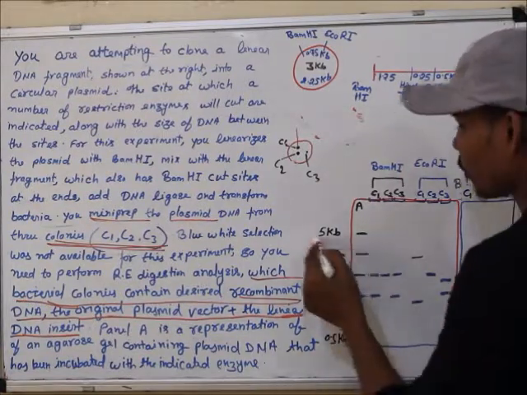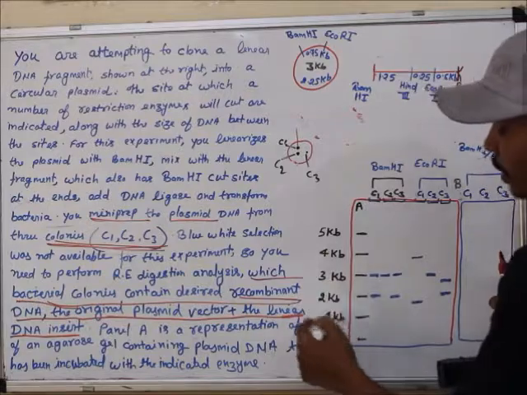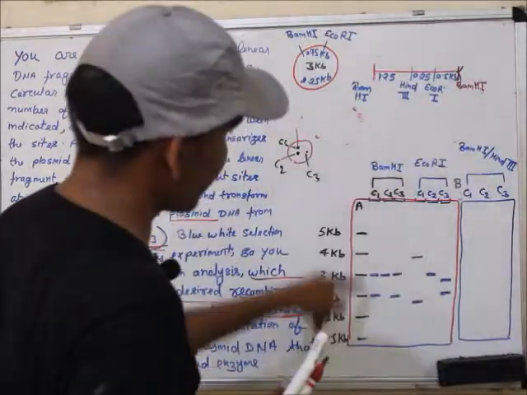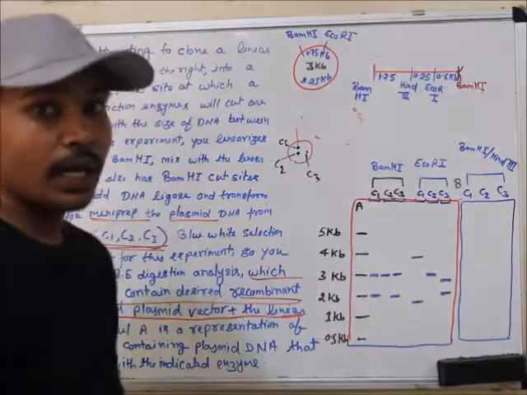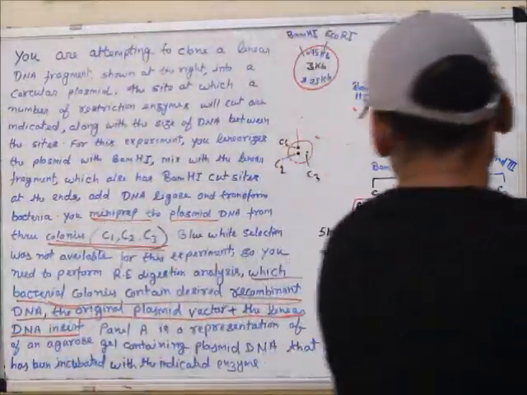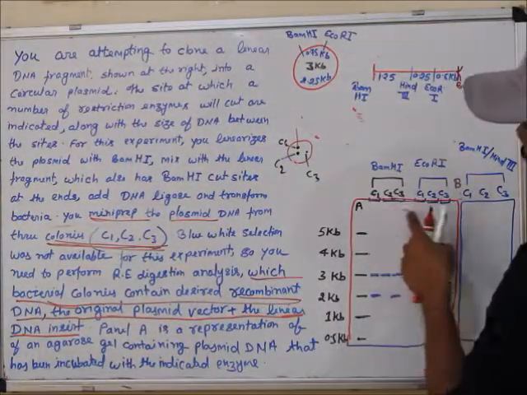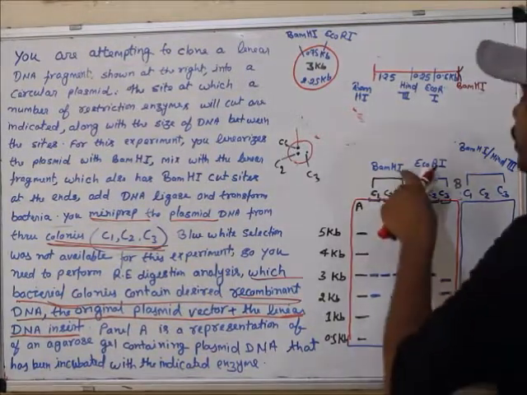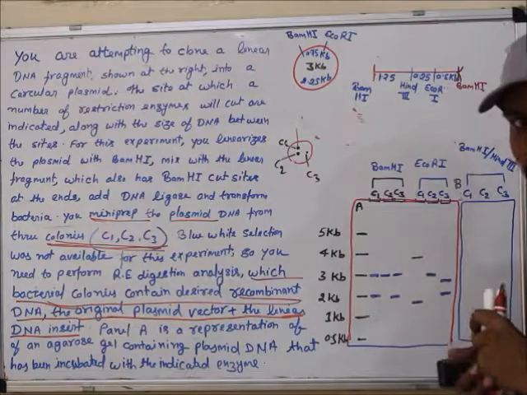That is the marker: 5 kb, 4 kb, 3 kb, 2 kb, 1 kb and 0.5 kb. This is the marker, panel A. And there are the 3 colonies of the plasmid that were digested with BamHI first.